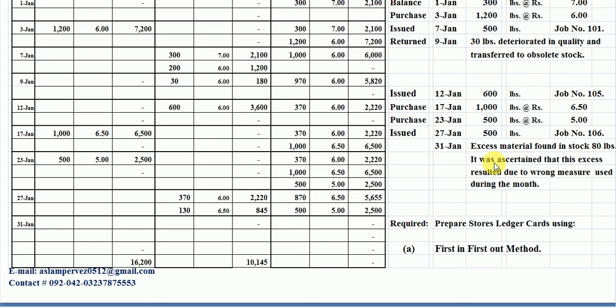Students, it is saying that in our inventory card the manual card is showing 870 pounds in the first lot and 500 in the second lot, but 80 pounds of material is in excess in our physical inventory.